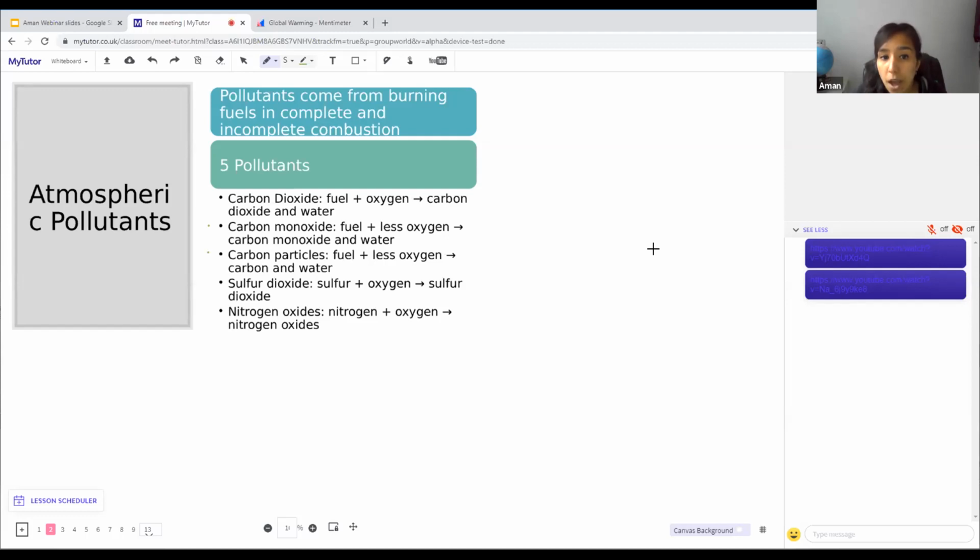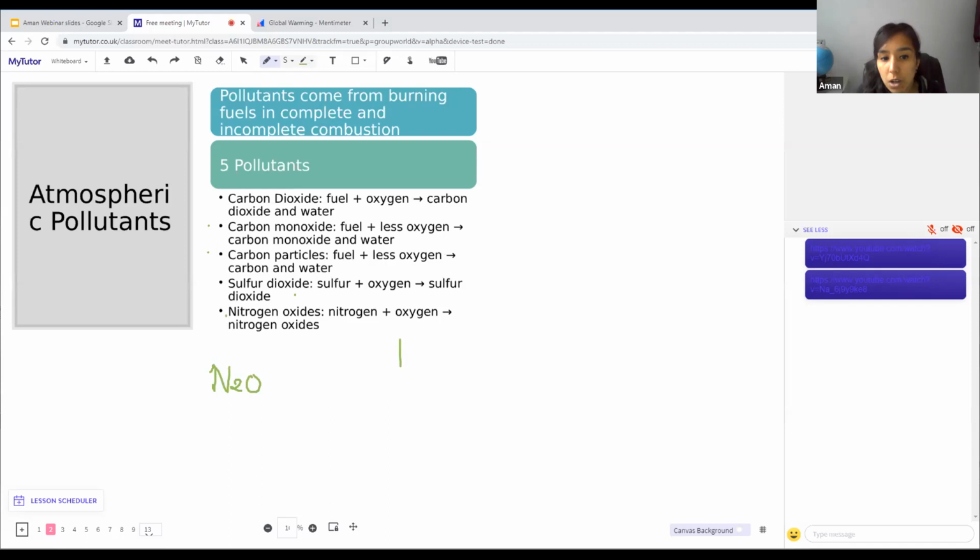So they're the 3 atmospheric pollutants that we've looked at before. There are 2 new ones today, and the 2 new ones are sulfur dioxide and nitrogen oxides. Again, these are not greenhouse gases, these are atmospheric pollutants. You'll remember that it's nitrous oxide that is a greenhouse gas. Nitrous oxide is N2O.